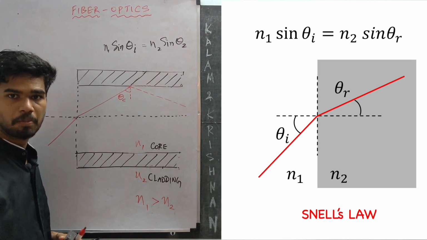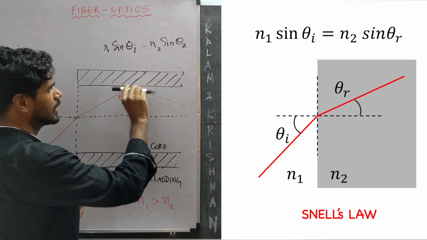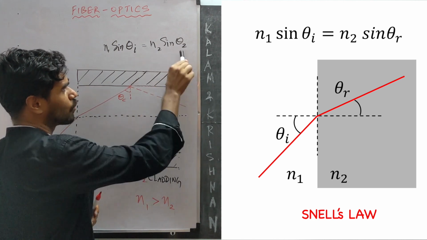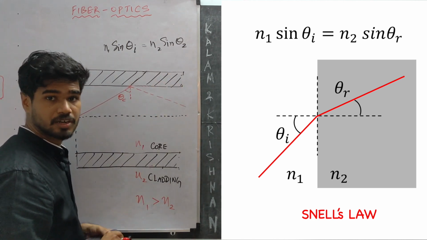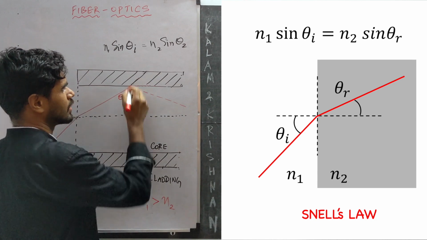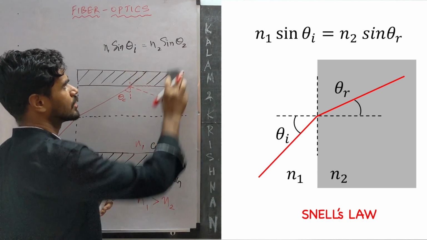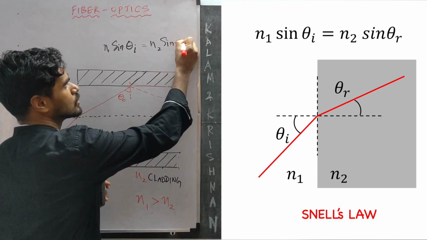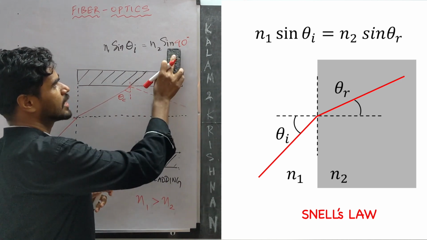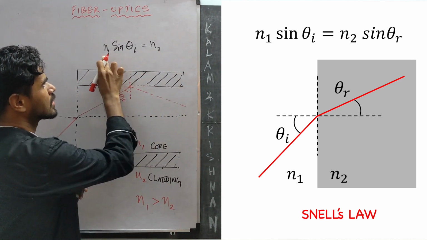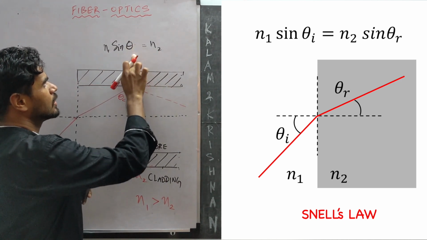But when the light ray propagates along the interface, what is theta 2? Theta 2 is 90 degrees from the normal. So sine 90 is 1. So this is the condition for the critical angle theta c.